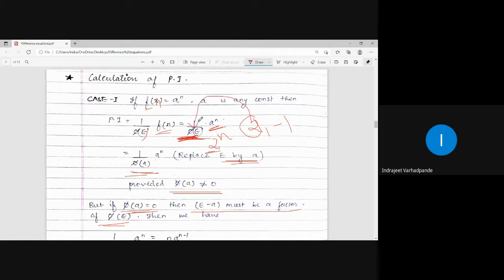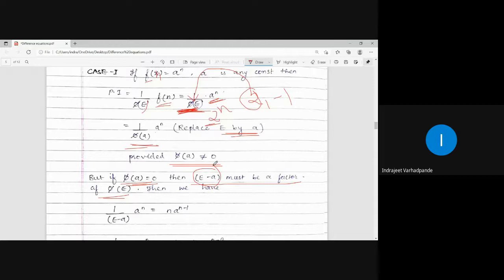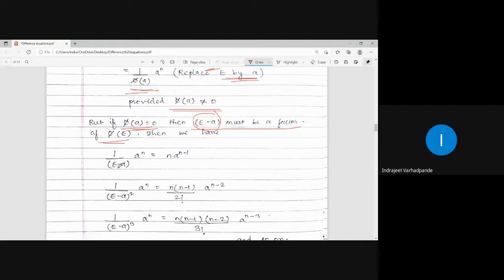And if that value turns out to be common with the RHS, then obviously your denominator is going to be 0. So if the obtained root is equally matching with the RHS constant, suppose the root is 2 and the RHS comes out to be 2 to the power n, in that case the denominator is 100% going to be 0, and in that case I say that E minus a must be a factor of it, and whenever such a possibility arises, it will be 1 upon E minus a multiplied by a to the power n. How is it to be simplified?